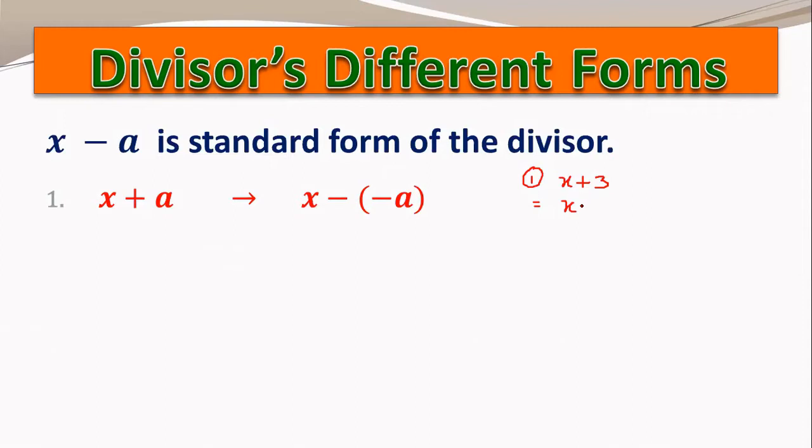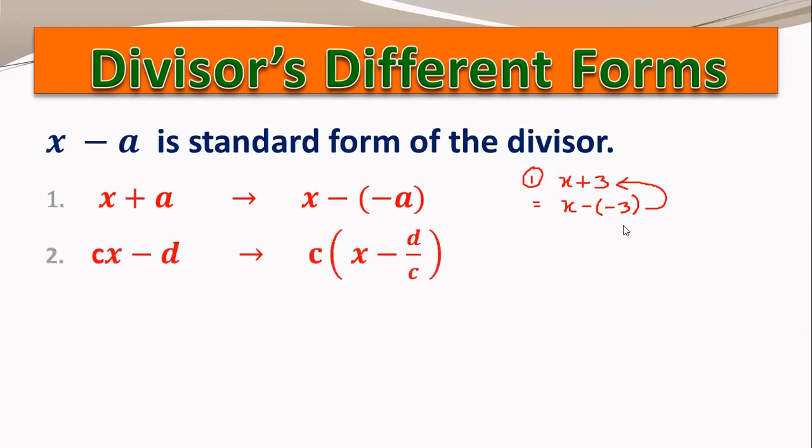So we write x minus, and within the bracket we write minus 3. When we simplify x minus minus 3, we get the same divisor x plus 3. In this way, we can change x plus a into standard form. In this example, the constant a will be minus 3. Now let's go to the next form.